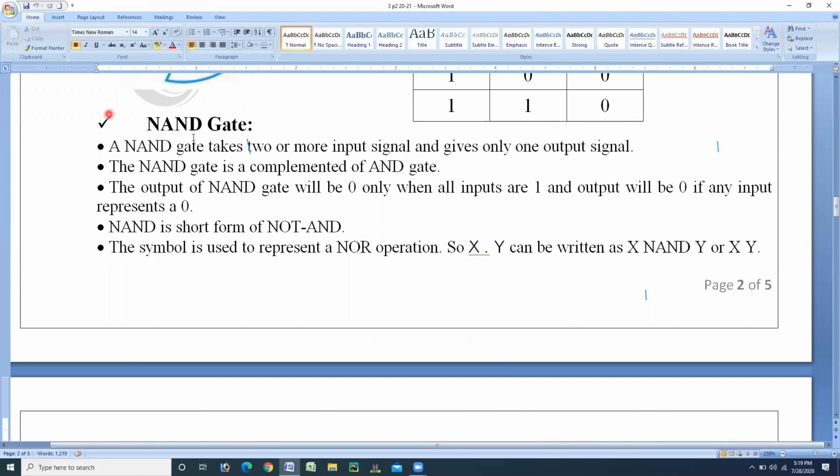That's why it is called NAND gate. It is exactly the complement form of AND gate, because for AND we are adding NOT. That's why NAND is the complement of AND gate, right? NAND is a short form for NOT and AND.